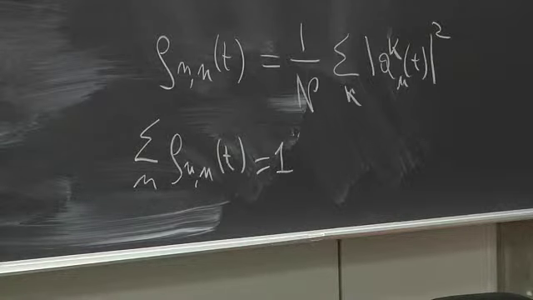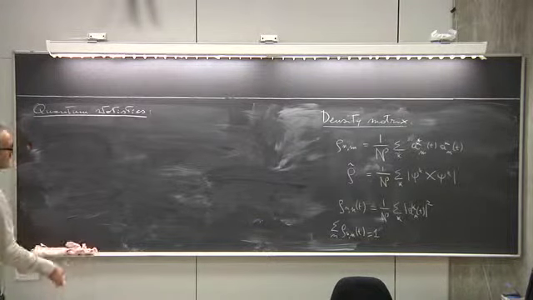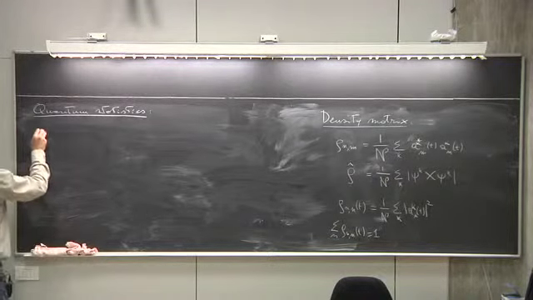The other important property of the density matrix is its evolution. So how does the density matrix evolve?